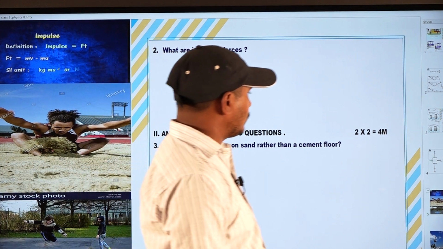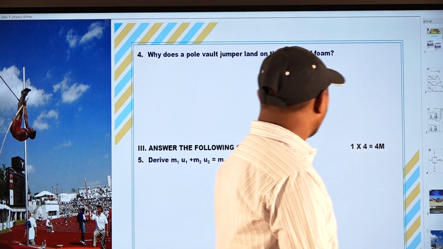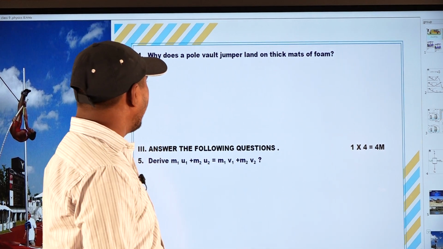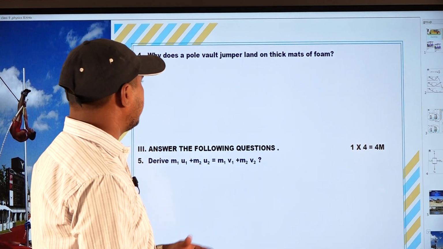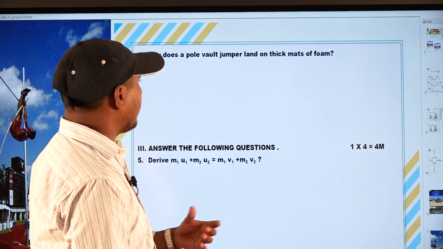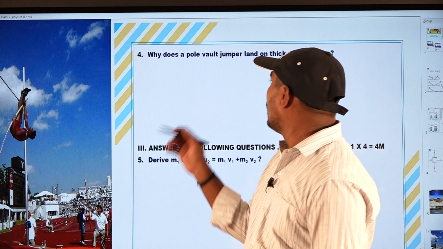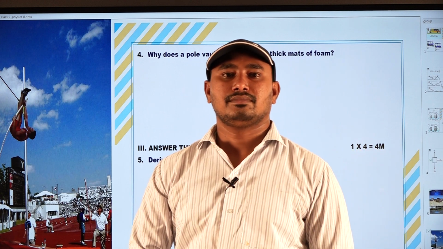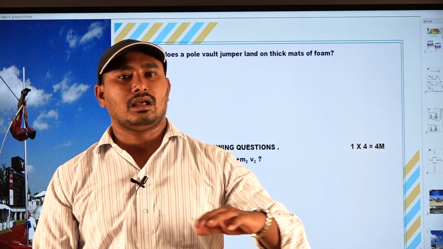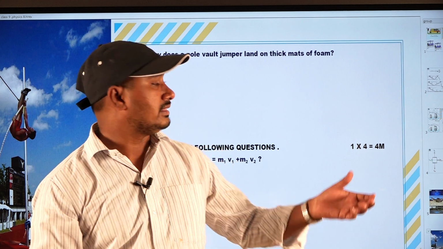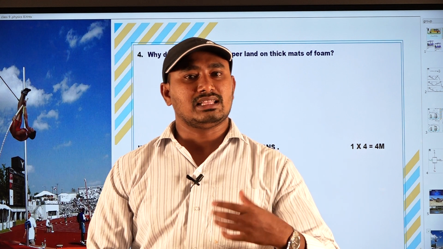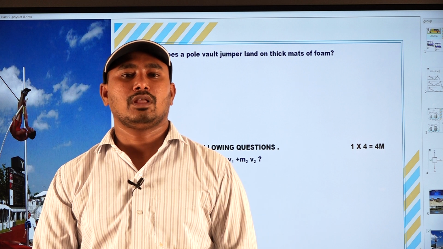Next, coming to the fourth question. See the question here: why does a pole vault jumper land on thick mats of foam? The thick foam mats act like a cushion.